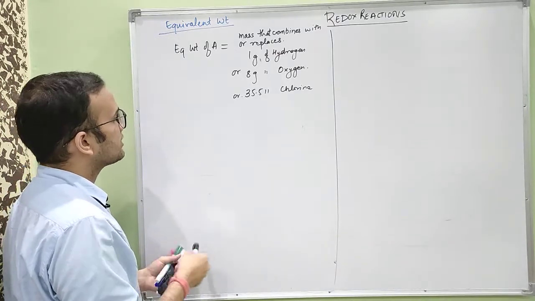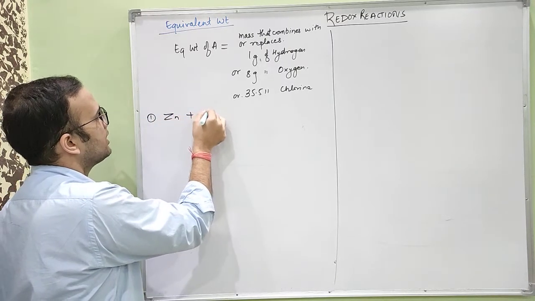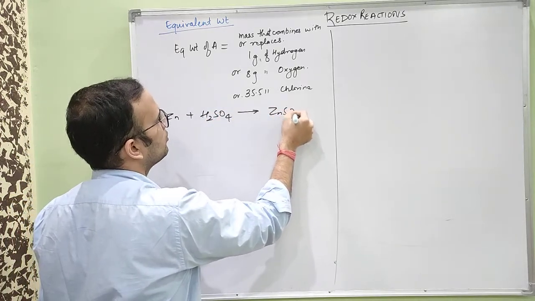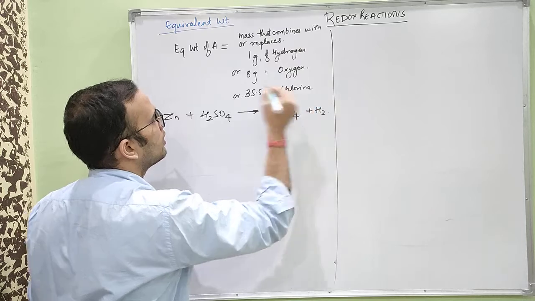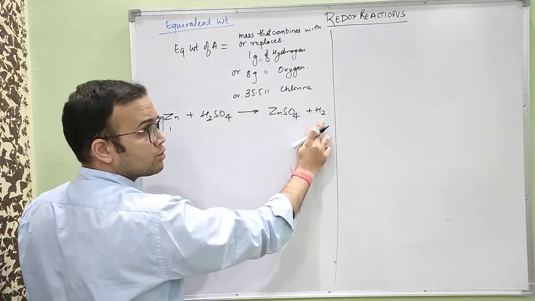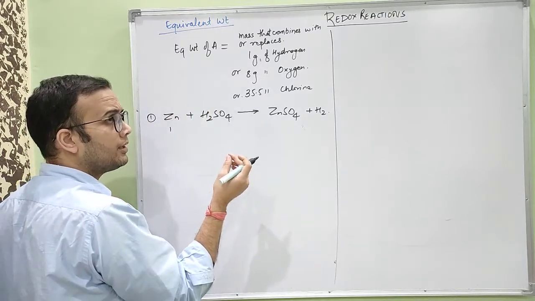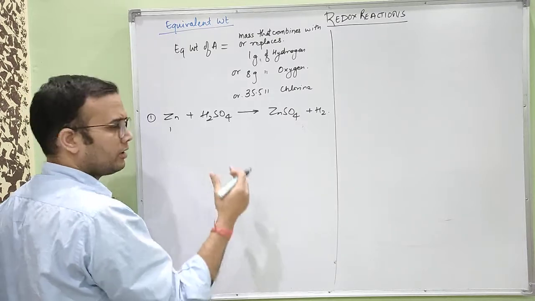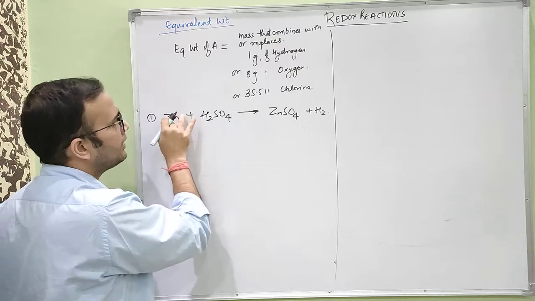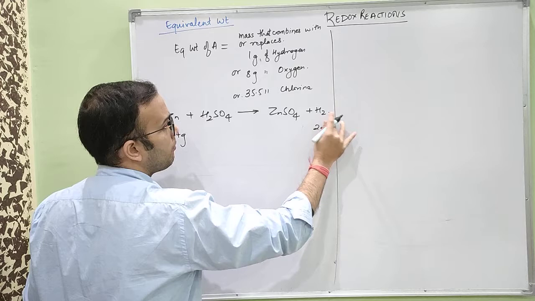Now let's take some examples. First example is Zn plus H2SO4 gives ZnSO4 plus H2. Here you can see that 1 mole of this reacts to give 1 mole of H2. In mass terms or weight terms, we can say that 65.4 grams of Zn reacted to give 2 grams of hydrogen.